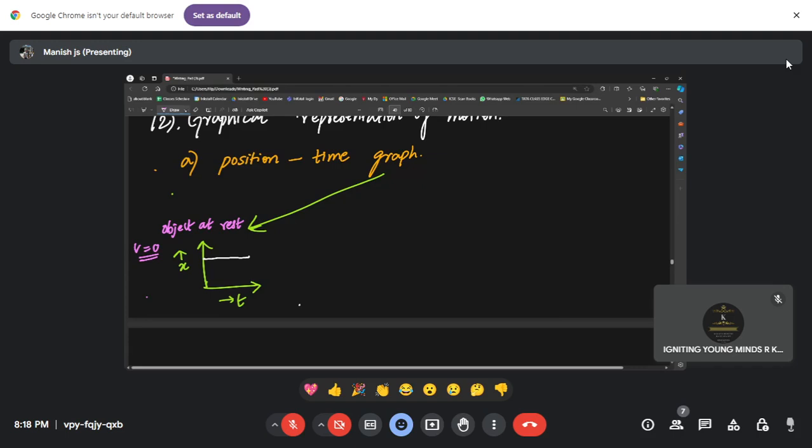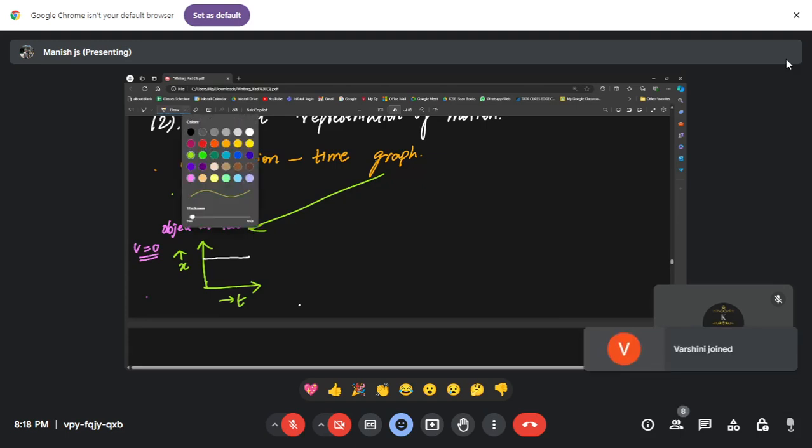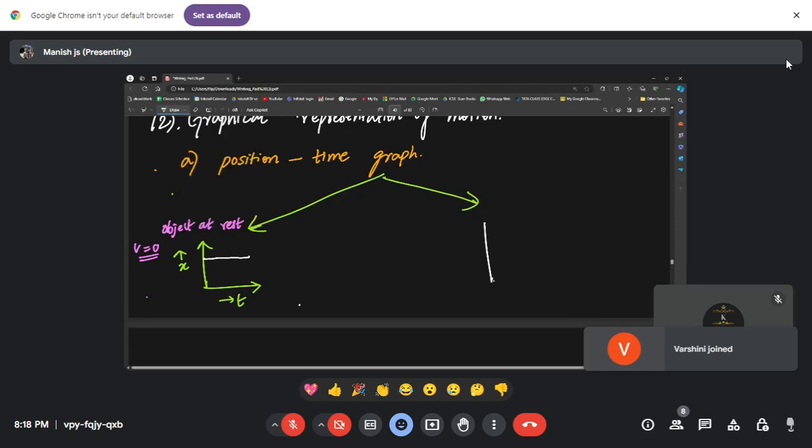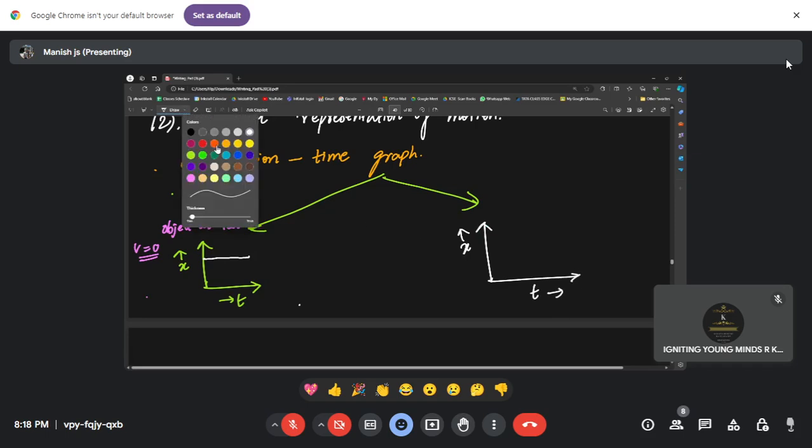The second type of position time graph is this. You have position along the y-axis and time along the x-axis again. Suppose I have a graph like this, then what does this type of graph represent? You can see that this graph is linear.